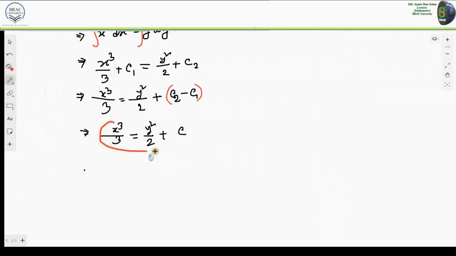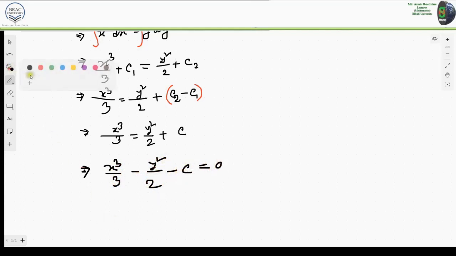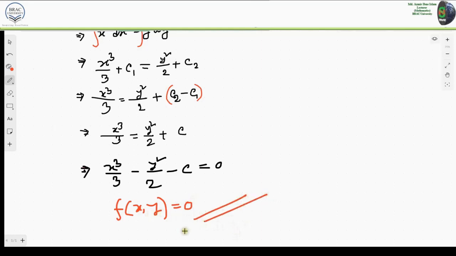We can write the implicit form, that is, from our general solution, x cubed by 3 minus y squared by 2 minus c, and on the right side we have just 0. Now you can see it is of the form f of x, y, because on the left side we have a combination of x and y.